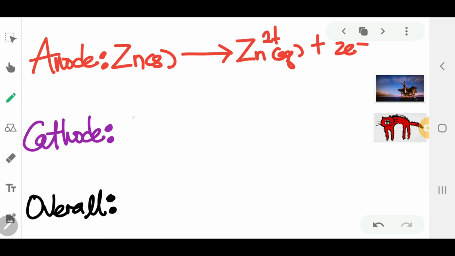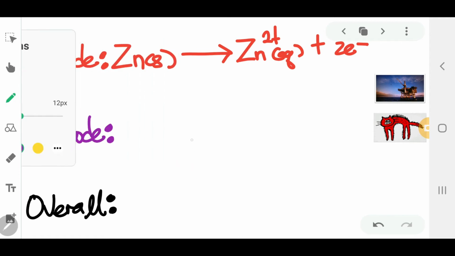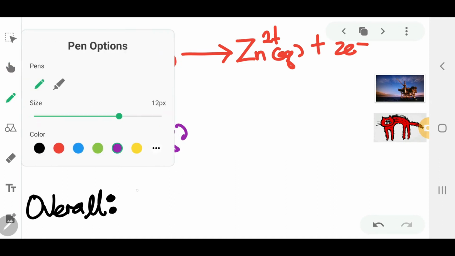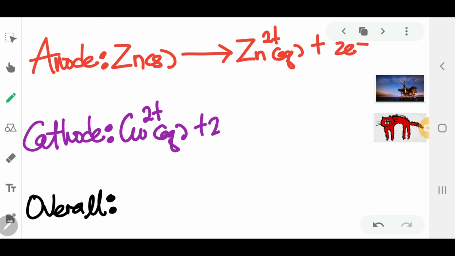So we have copper 2 plus aqueous, plus 2 electrons, and you will reduce that to become copper solid.